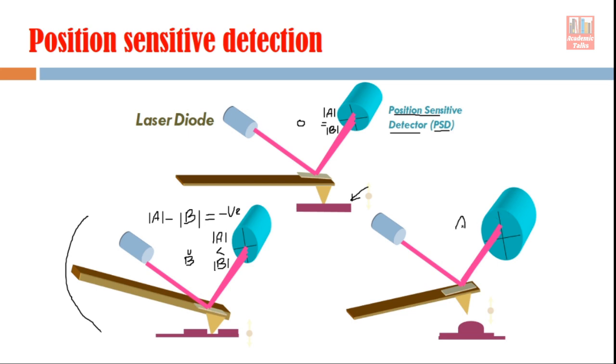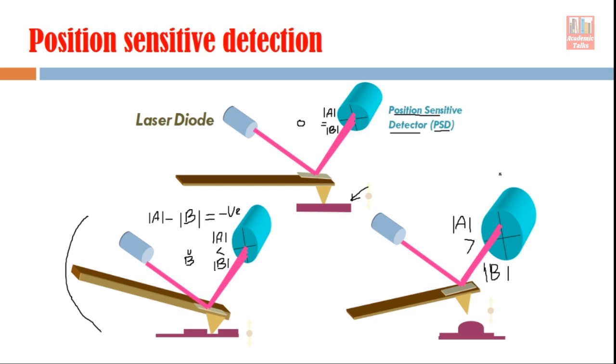If we talk about the signal produced by the upper half, suppose the magnitude of that signal is A, and the magnitude of the signal produced by the lower half is B. So you can see clearly that the magnitude of the electrical signal produced by the upper half is greater than the magnitude of the signal produced by the lower half.